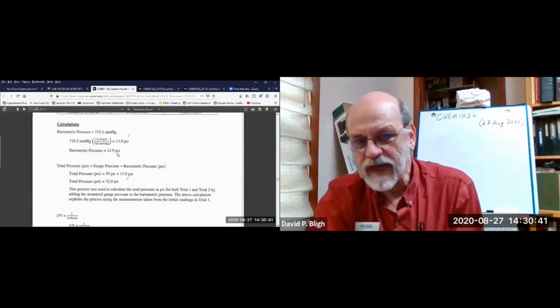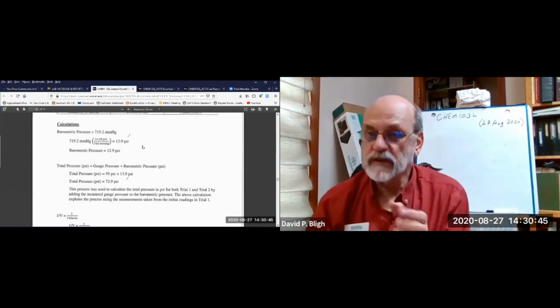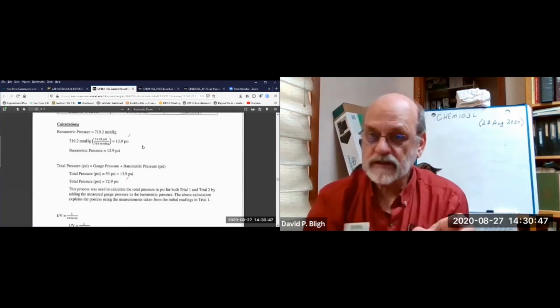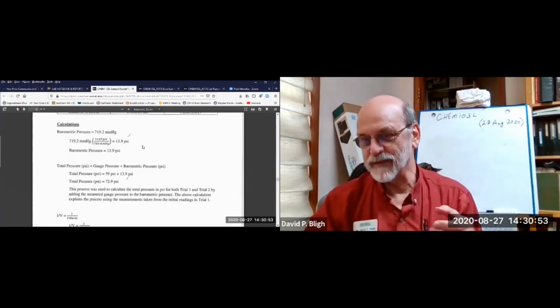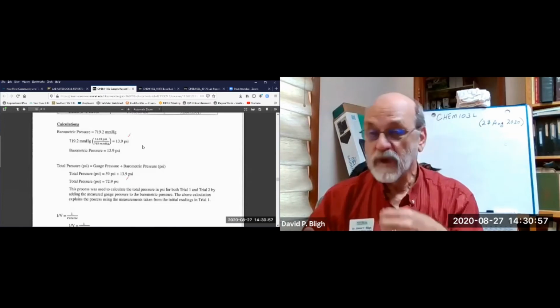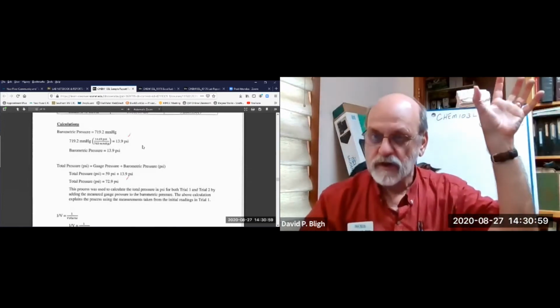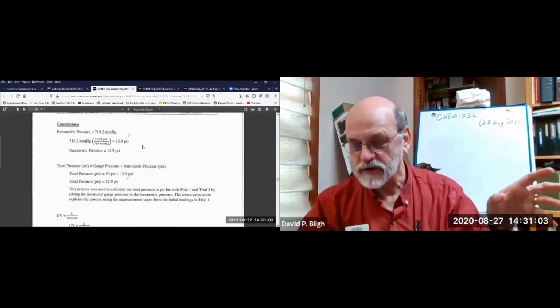Now, why did we do that? Well, for this particular experiment, we were measuring pressure inside a bottle using a tire gauge, right? And tire gauges are not calibrated in millimeters of mercury. They're calibrated in pounds per square inch. So we had to add the atmospheric pressure to what was measured inside the bottle, right? You can't add apples and oranges.